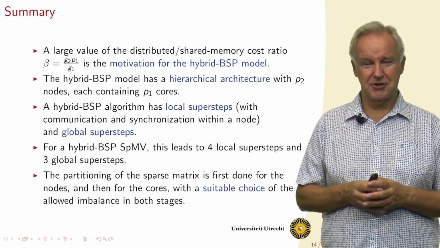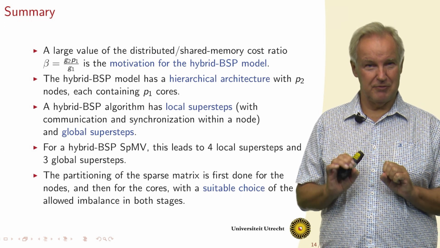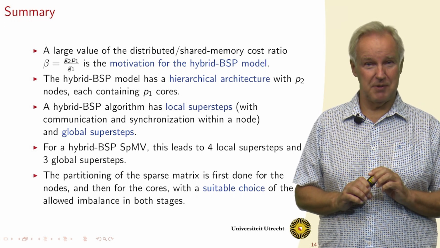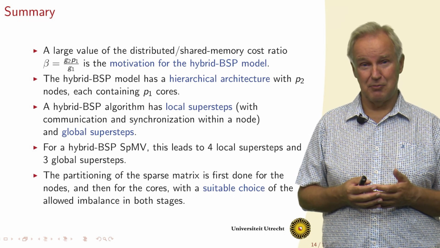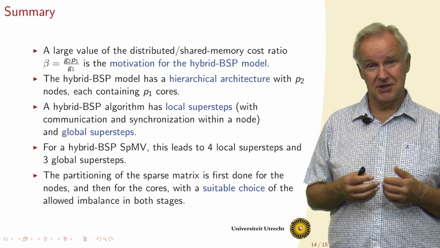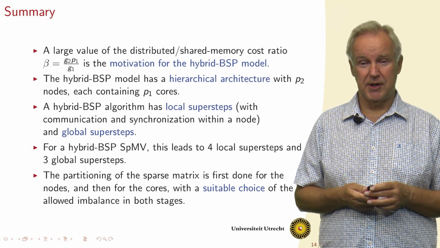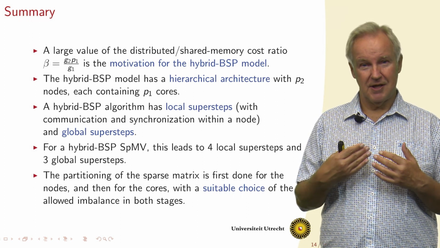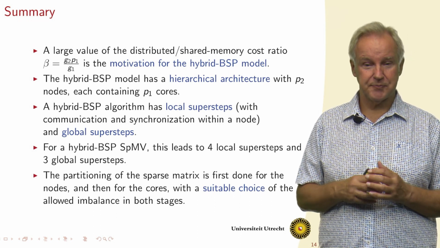Okay, let's summarize. We have motivation to use the hybrid-BSP model, and that is if we have a large value of beta, if there's a big difference between the communication in distributed memory or in shared memory. And so we have a simple hierarchical model with 2 levels.